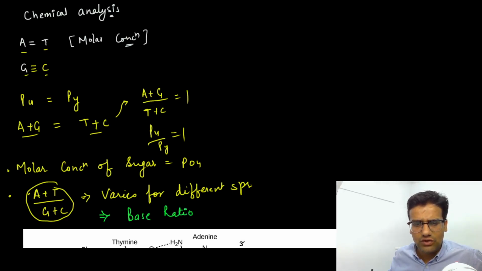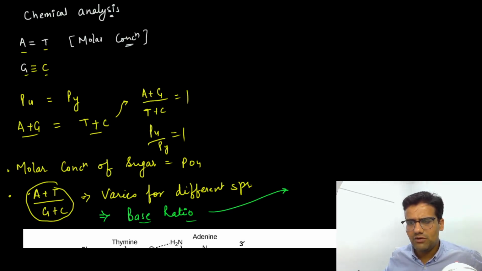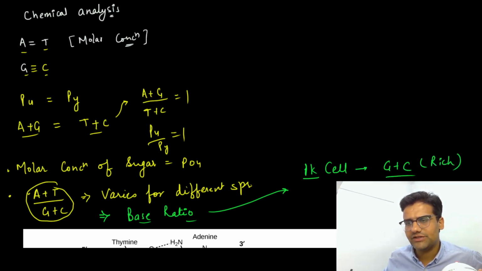If we talk about the base ratio in the prokaryotic cell, the prokaryotic DNA is GC rich DNA, because the amount of GC is more. So the A plus T upon G plus C ratio should be less than 1.